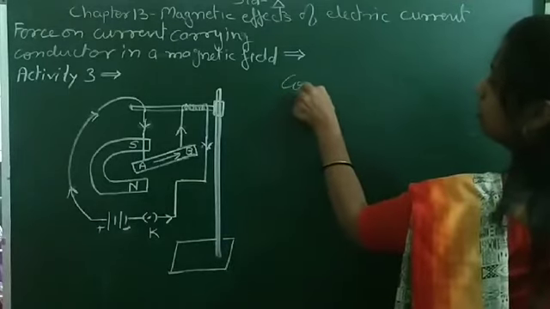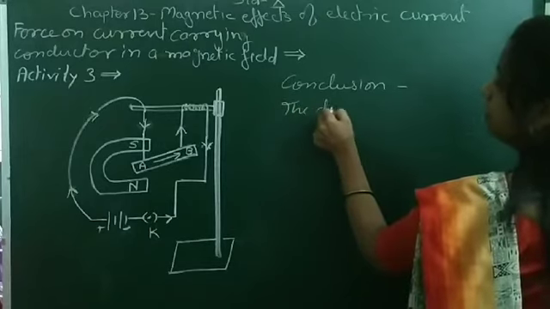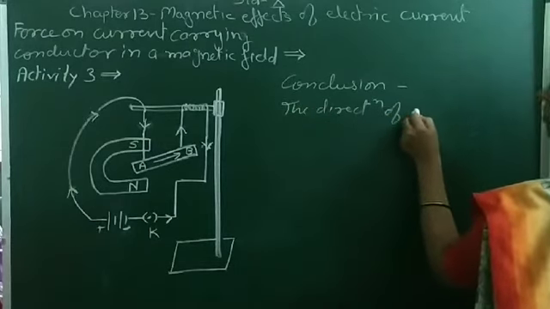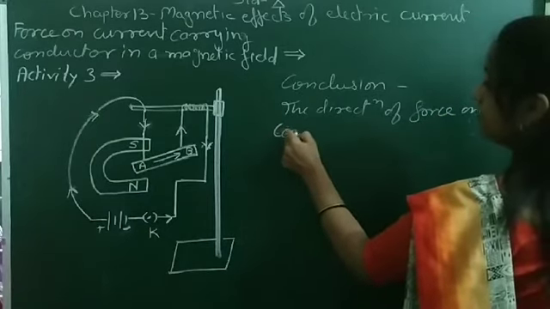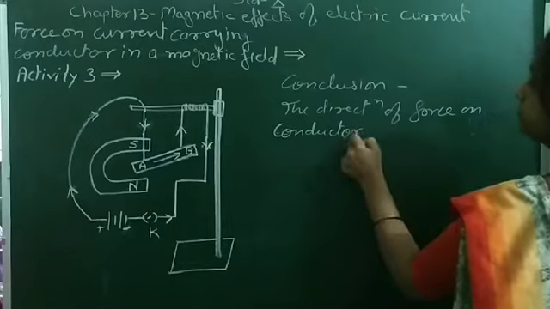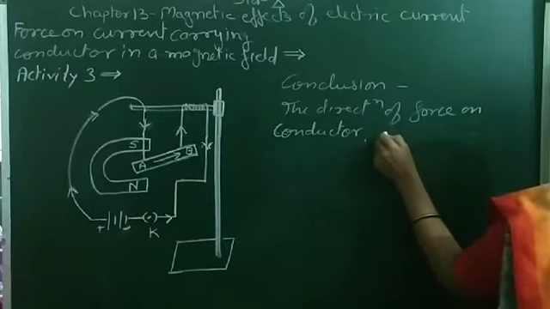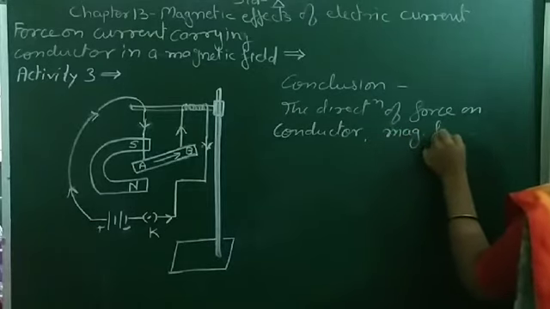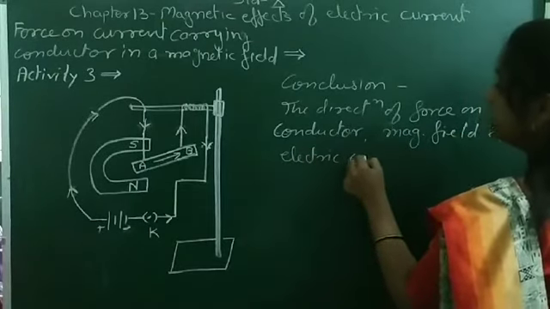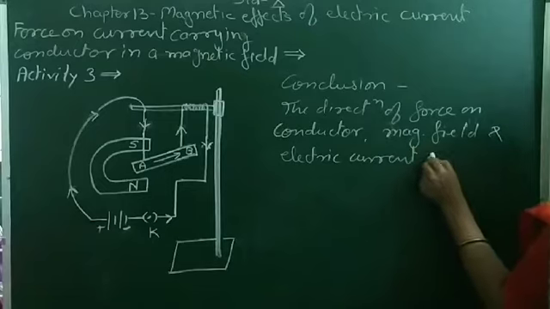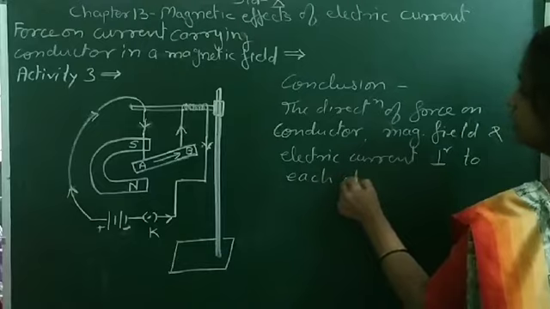So the conclusion is the direction of force on the conductor, the magnetic field and the electric current are perpendicular to each other.